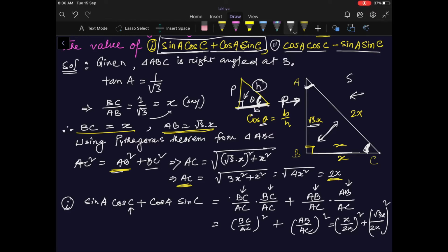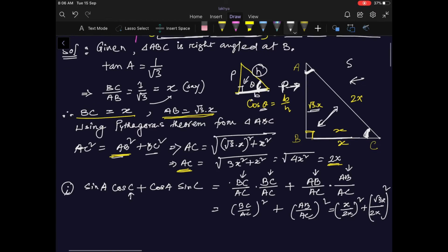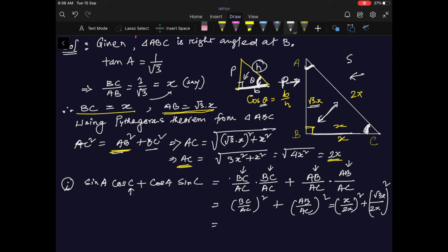So here you can see we can cancel x, here also x gone. So here we will get 1 by 2, and this is root 3 by 2.